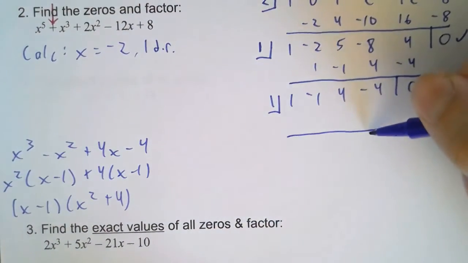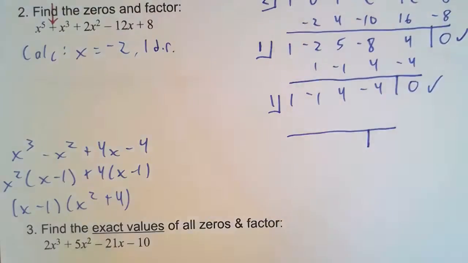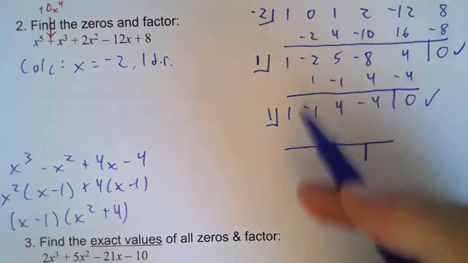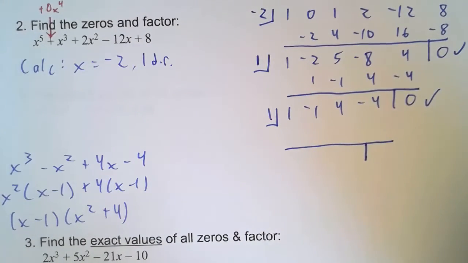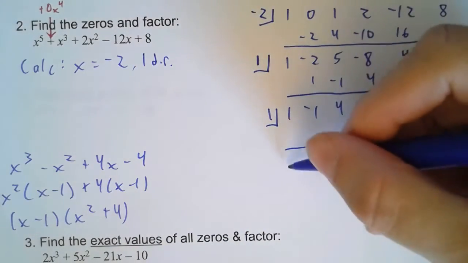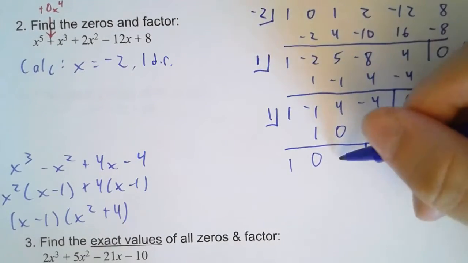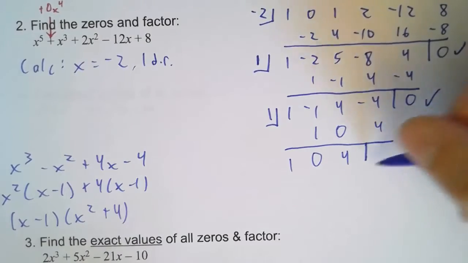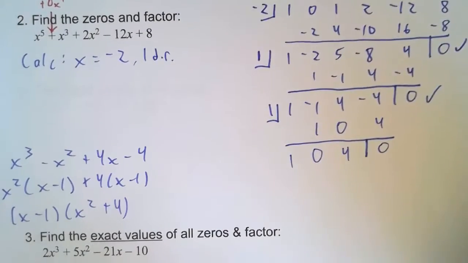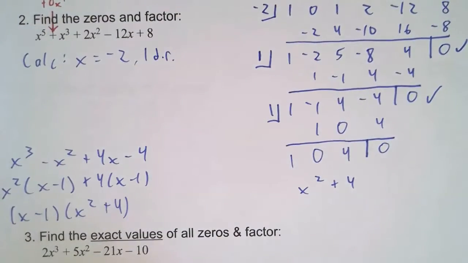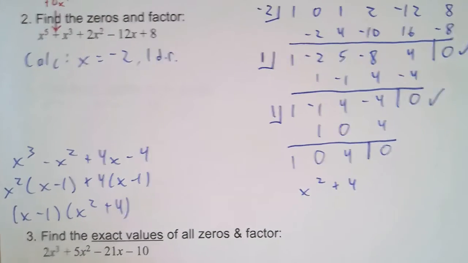And this is actually going to confirm whether or not it was a double root. I didn't actually necessarily have to do all that zoom box because right now I'm going to be able to tell for sure if it was a double root. So I'll copy down that 1, multiply, add, multiply, add, multiply, and add. And so now I am at a quadratic, and so now I am all done for sure.